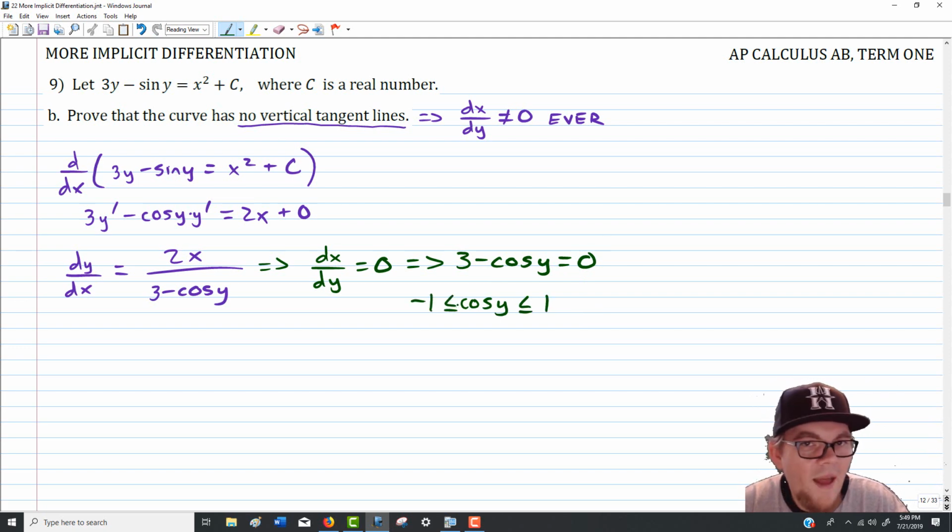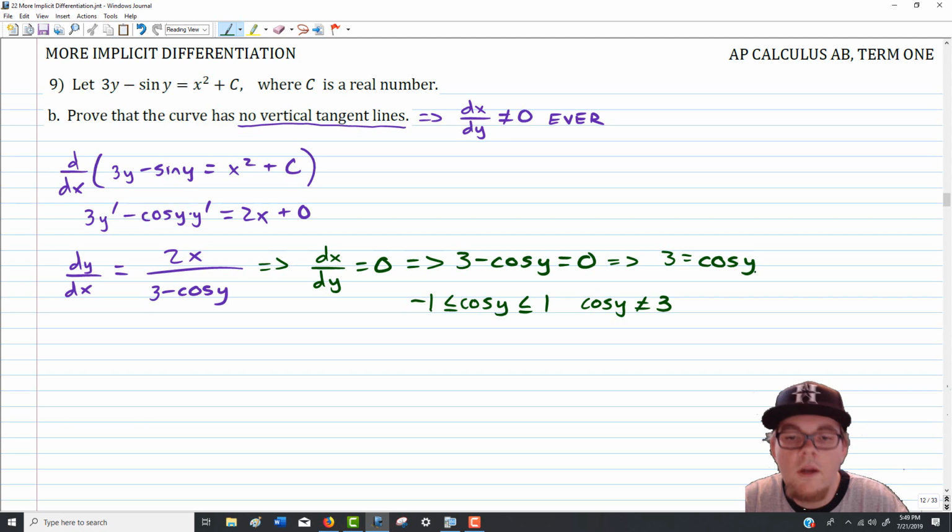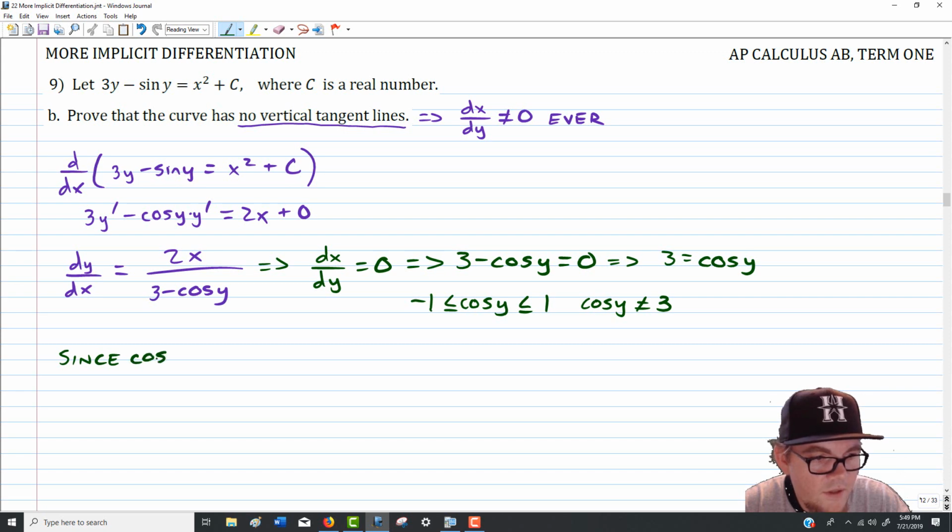Just like sine, they're both bounded above and below by plus or minus 1. So cosine of y never equals 3, which is what would come out of this equation if we were solving it. We'd need to find the y value where cosine equals 3. Since cosine never equals 3, that's our explanation.